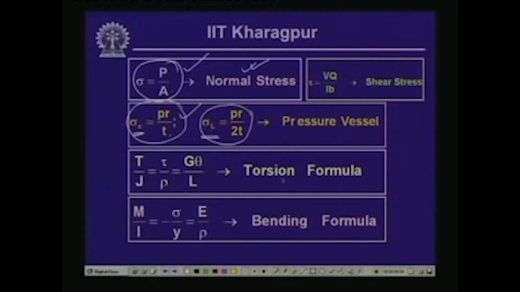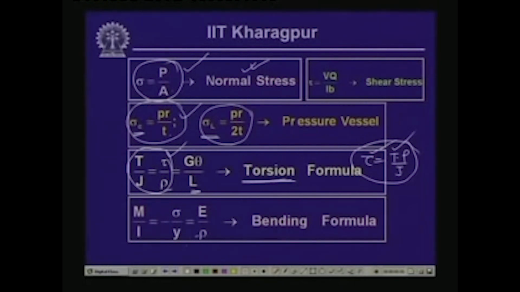Then subsequently we looked into the fact that if a shaft is subjected to a twisting moment or torsion, then the torsion formula is T by J equals tau by rho equals G theta by L. From the first two equalities we can compute the value of the shearing stress tau, which equals T rho by J, so if we know the twisting moment we can compute the shearing stress.